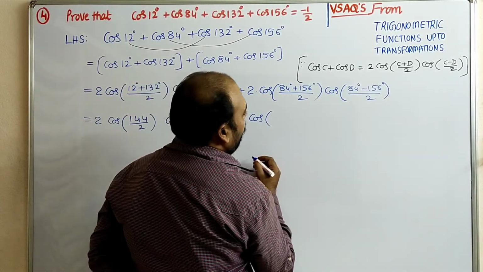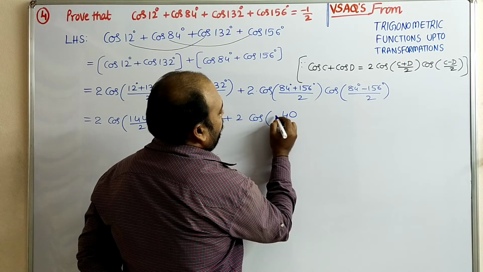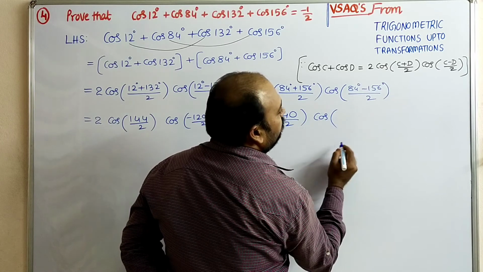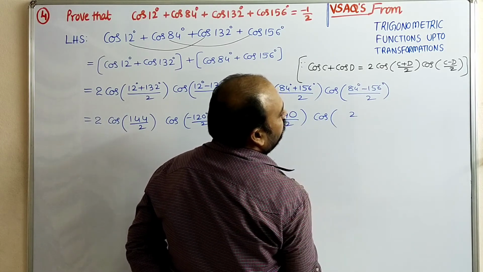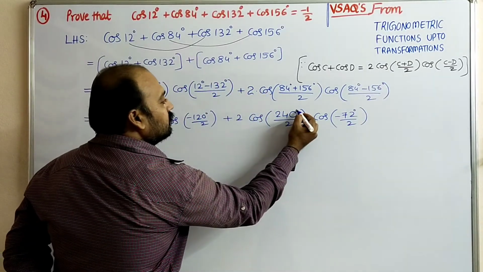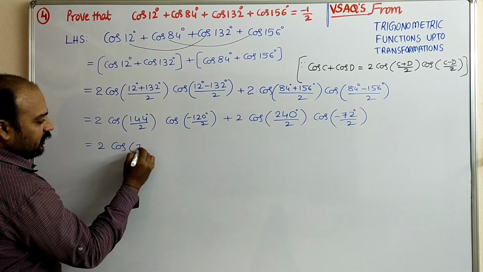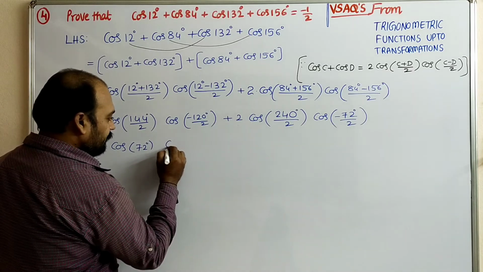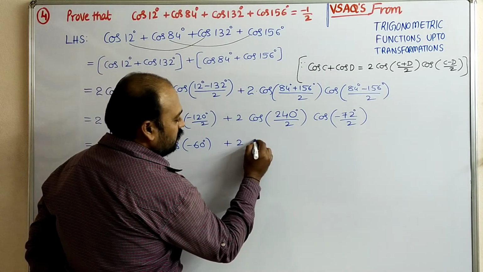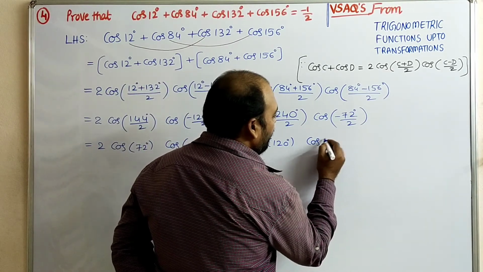Plus 2 into cos of 240 by 2, cos of minus 72 by 2, which is equal to 2 into cos 72 degrees, cos of minus 60 degrees, plus 2 into cos 120 degrees, cos of minus 36.